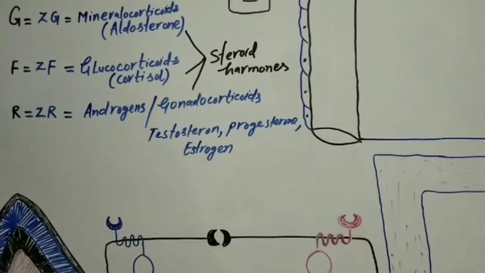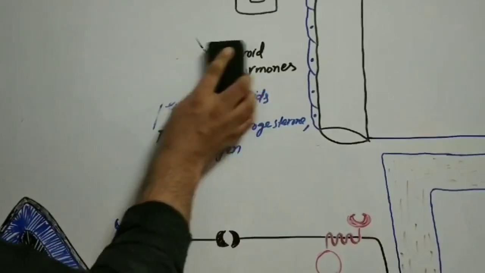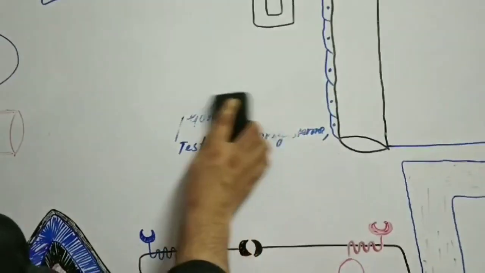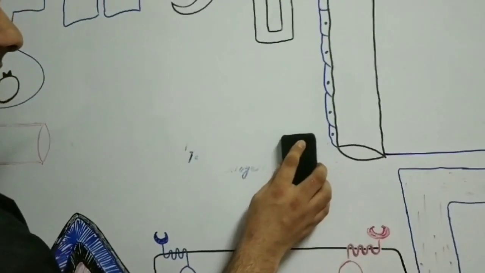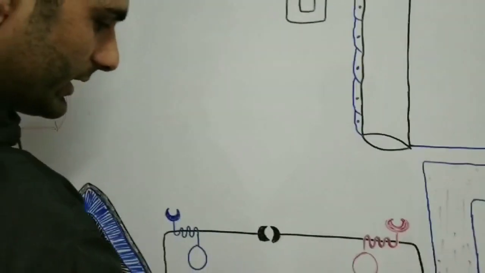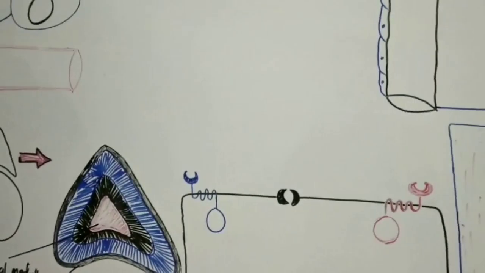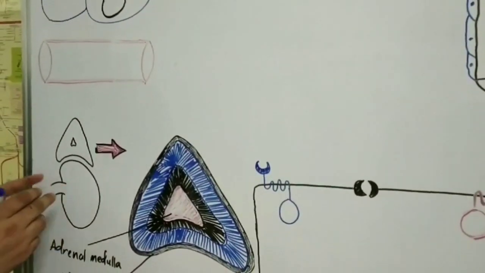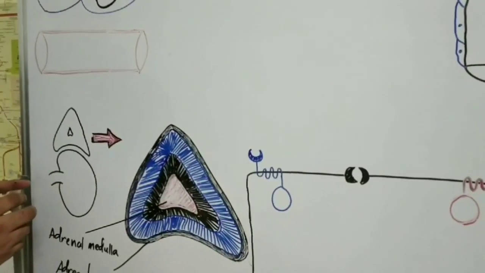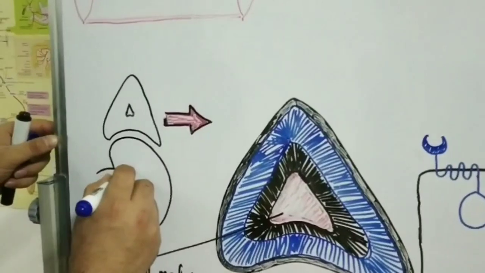Let me rub this out first. If a patient develops hypotension, that is a decrease in the blood pressure, what happens? In the kidneys, there are special types of cells which are called juxtaglomerular cells.